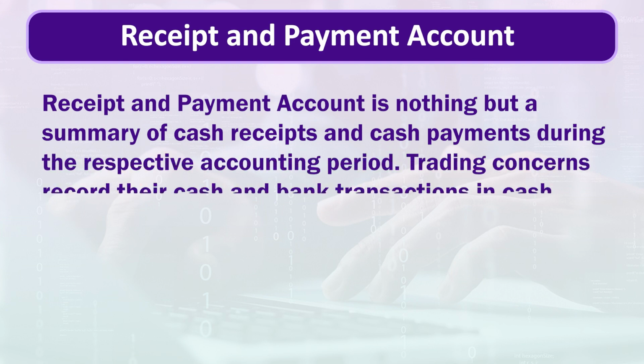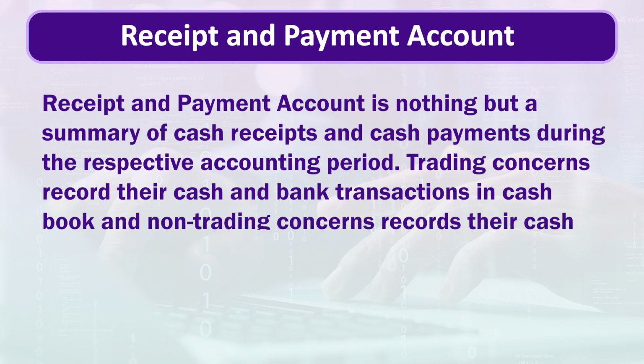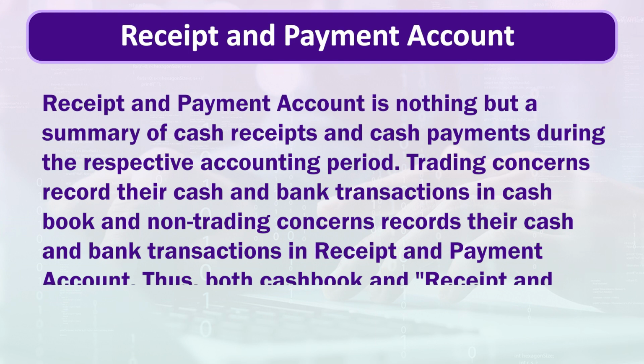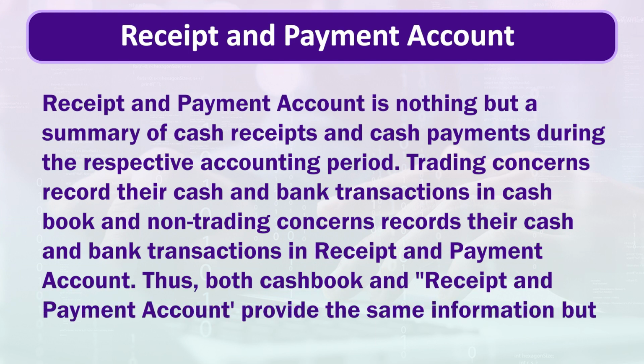Trading concerns record their cash and bank transactions in the cash book, and non-trading concerns record their cash and bank transactions in receipt and payment account. Thus, both cash book and receipt and payment account provide the same information, but in a different manner.